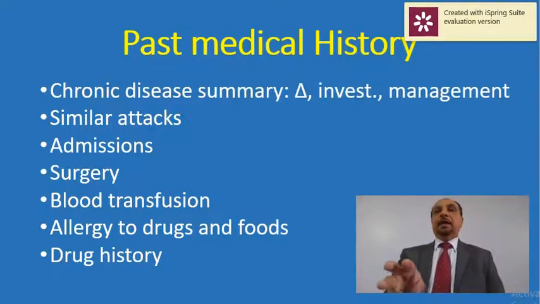And again, if he had an infection before, what medication, antibiotics, and whether there was improvement or not. So we will speak about a summary of the chronic illness, for example cerebral palsy: when it was diagnosed, what investigations were done, because if there is a deficiency in the investigations, we will do more. And what was the management plan, and what is the cause of this admission at this time.